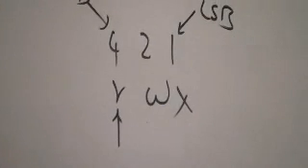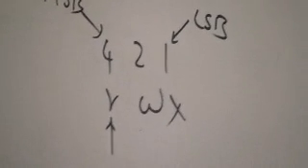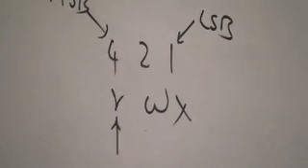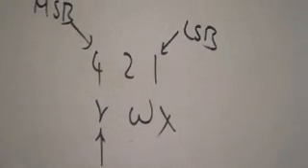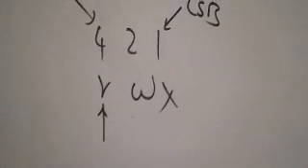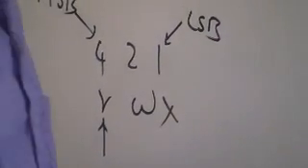That's why the read bit has a weight of 4, the write bit has a weight of 2, and the execute bit has a weight of 1. So for the owner we need all three: 4 plus 2 plus 1, which is 7.